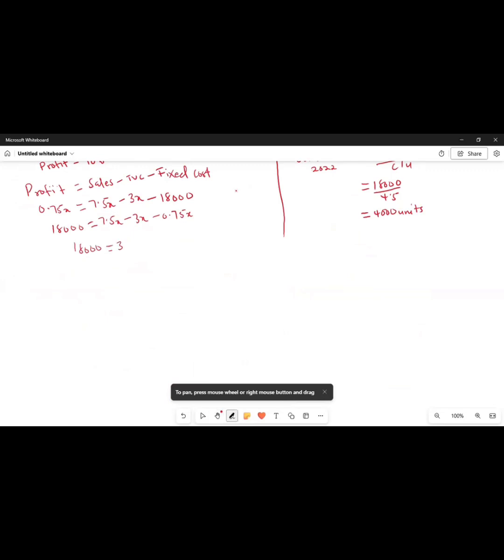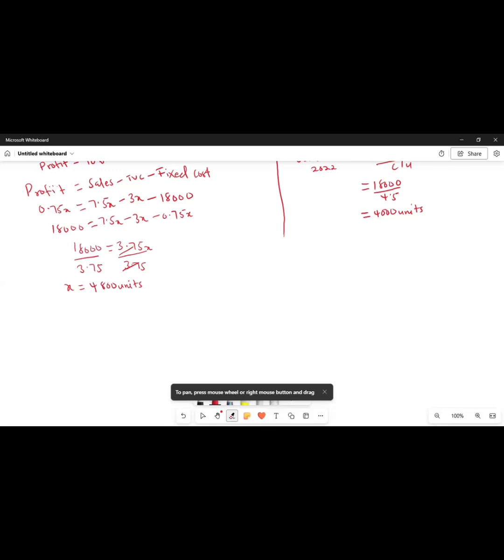So this 18,000 divided by 3.75 will give us 4,800. For ABC to get net profits equal to 10% of sales, they have to sell 4,800 units.